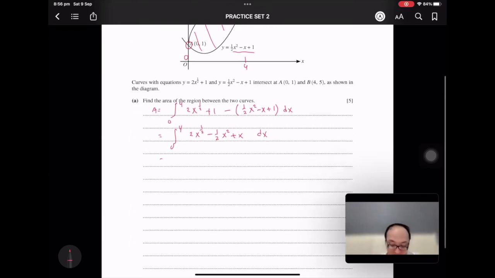So equals to, this is x to the power of 3 over 2, so 4 over 3, minus 1 over 6 x cubed plus 1 over 2 x squared, 0 until 4.